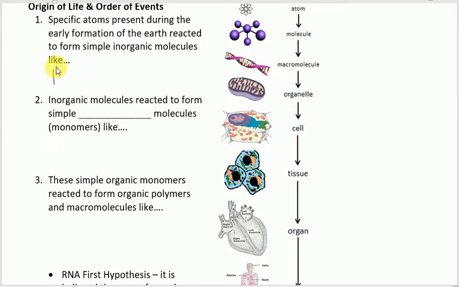For instance, water, ammonia, which I think is NH3 if I'm not mistaken, hydrogen, and methane. And then we know that these inorganic molecules, for the next step, reacted, and together they formed simple organic molecules.